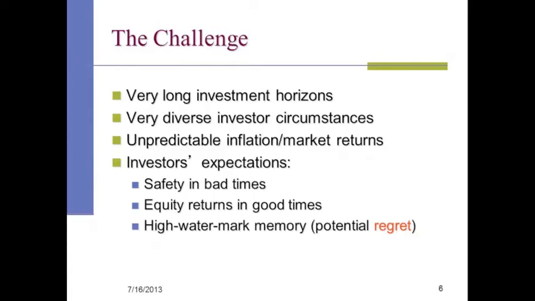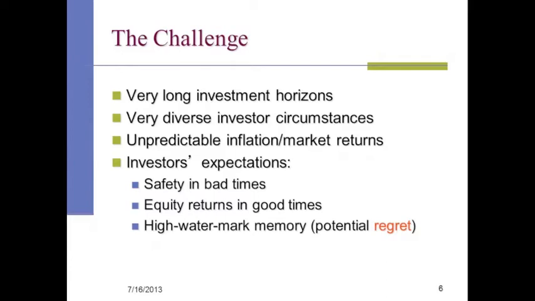And thirdly, they tend to have a high watermark memory, which is to say that over, let's say, 35 years, if 20 years into the 35 years, their investments have gone from a small amount at the beginning, say 10,000, to $1 million, but then by the 35th year when they're retiring, they're down to 700,000.